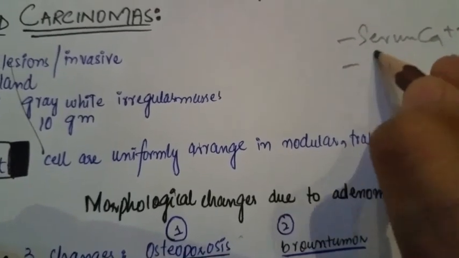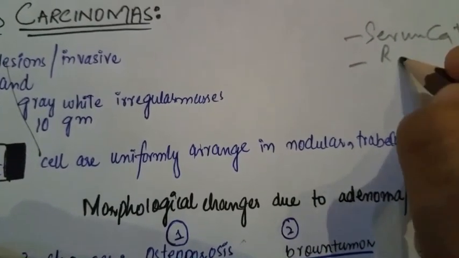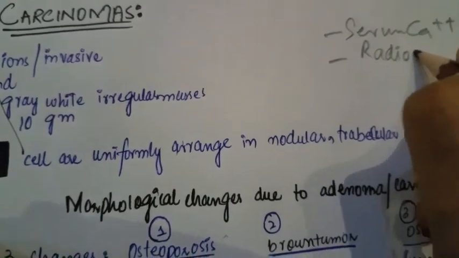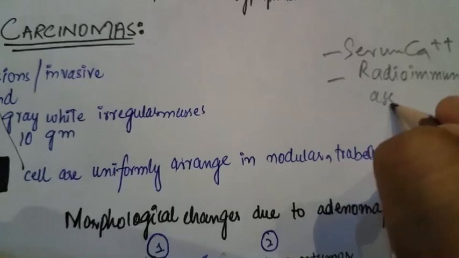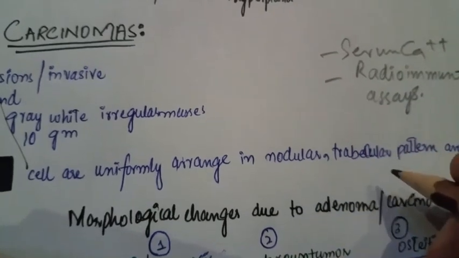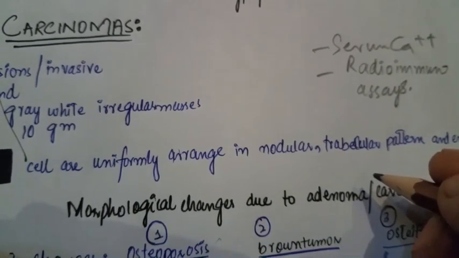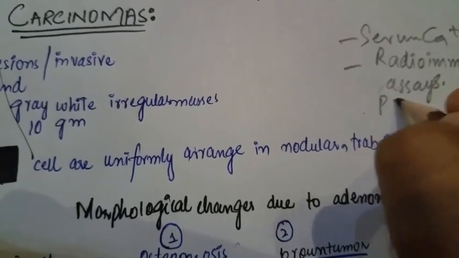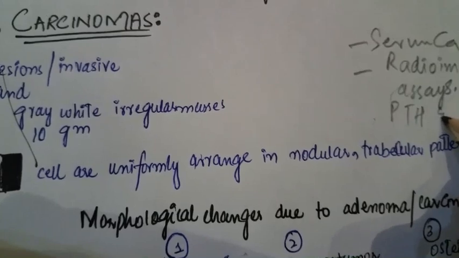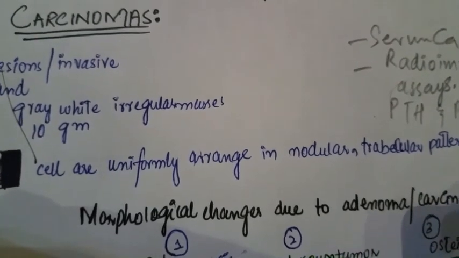We can do immunoassays through which we can identify PTH, parathyroid hormone, and parathyroid hormone related peptide.